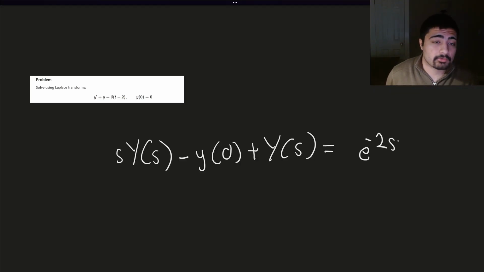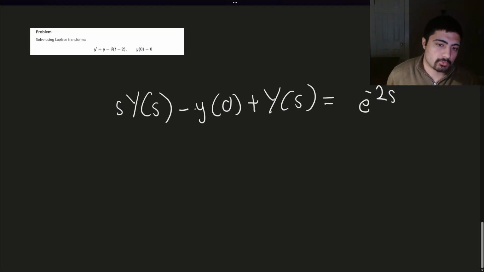And just like we did for every Laplace equation, what we're trying to do is find what capital Y of s equals to. We want to solve for Y of s, and then using inverse Laplace theory, we're going to get the y of t function. And y of t is basically the solution of this first order differential equation. Well, y of 0 is given to us as 0, so we're just going to ignore that.